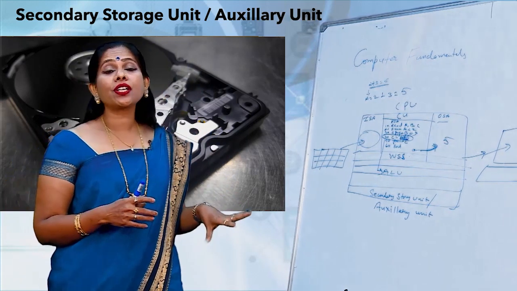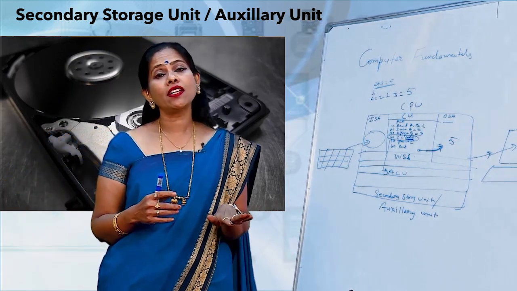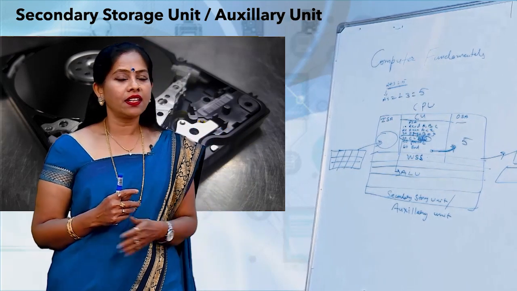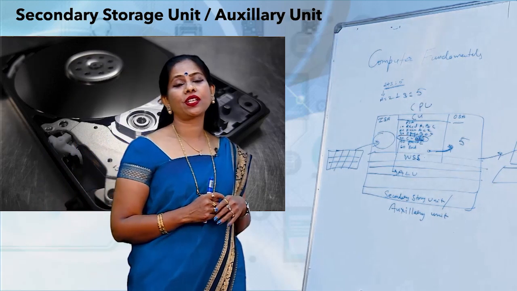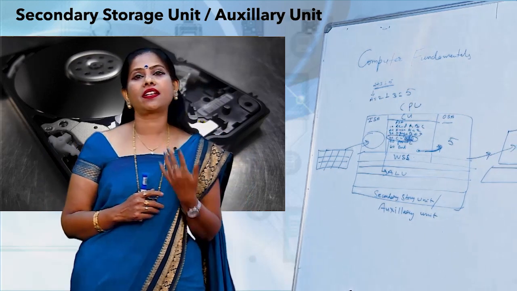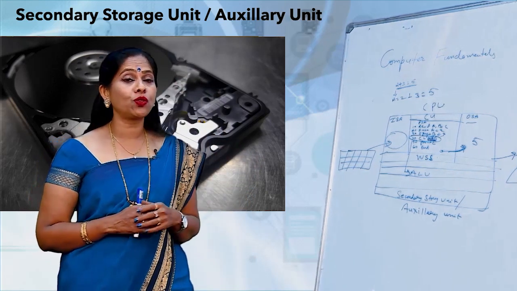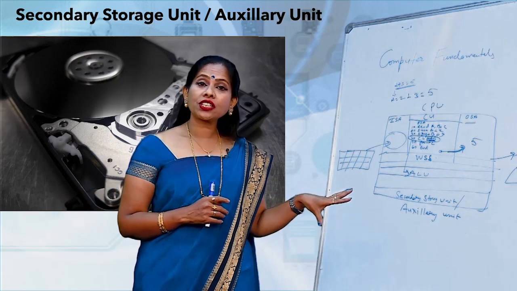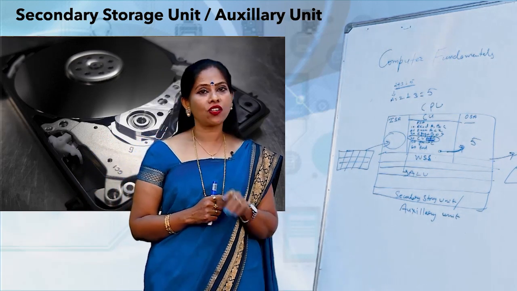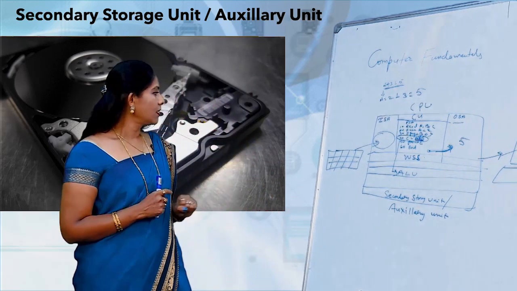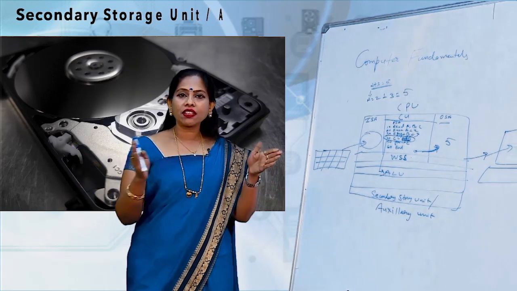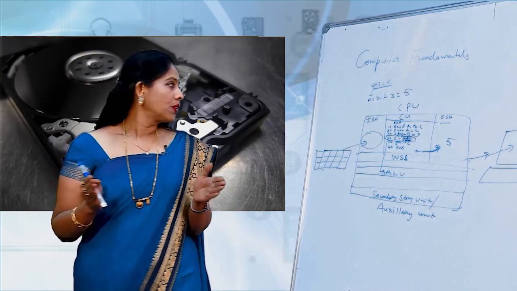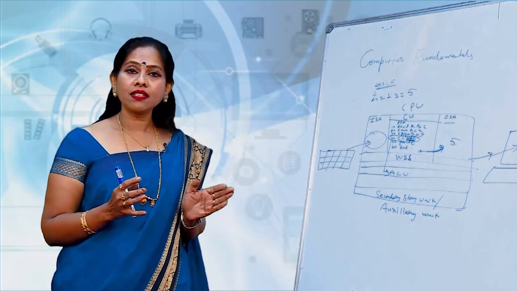Secondary storage devices is also called as an auxiliary storage devices. In the examination, they will confuse you. They will not tell you secondary storage devices, they will tell you auxiliary devices. So, you should be able to know secondary storage devices are also called as an auxiliary storage devices. Now you might have understood how the data works inside the CPU. So, this is how it works inside the CPU.